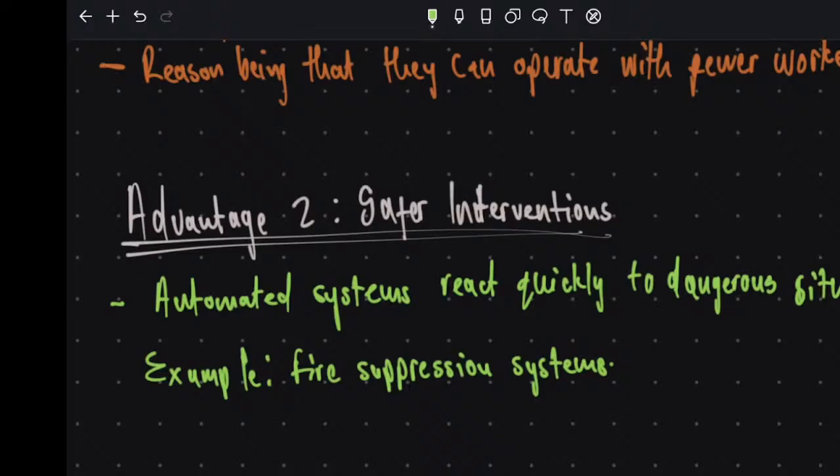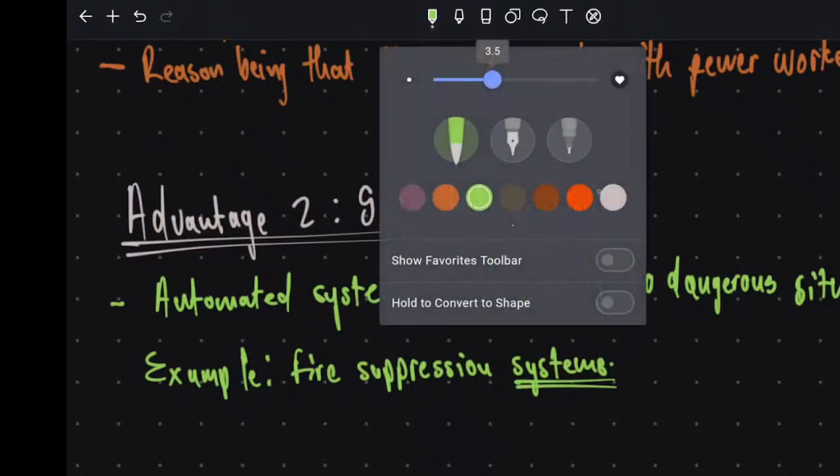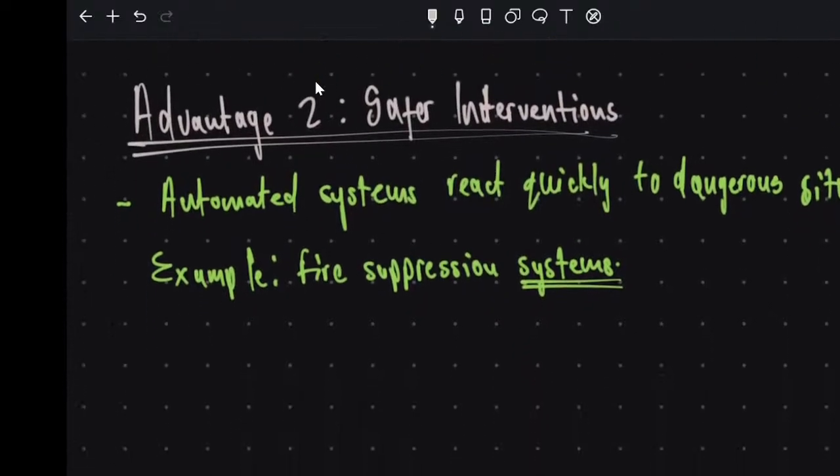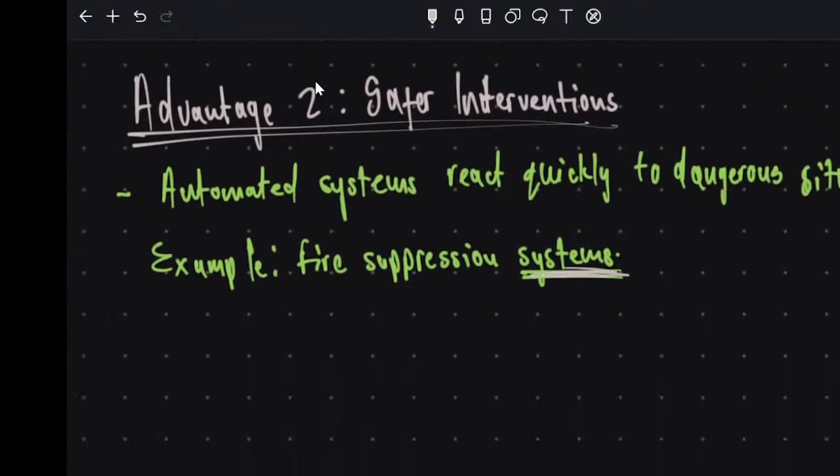A fire suppression system is a system made to turn off fires, which is going to be faster than needing the fire department, human beings running and spraying and everything. Fire suppression systems can handle a fire much faster than human beings. So systems can react quicker to dangerous situations.